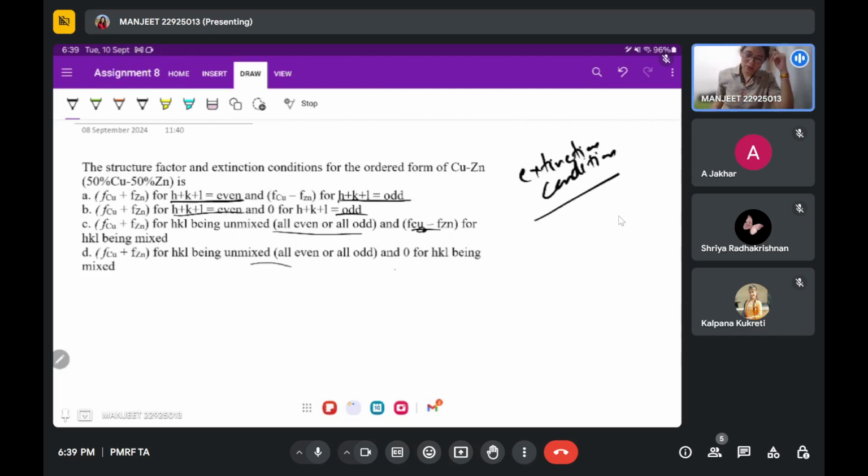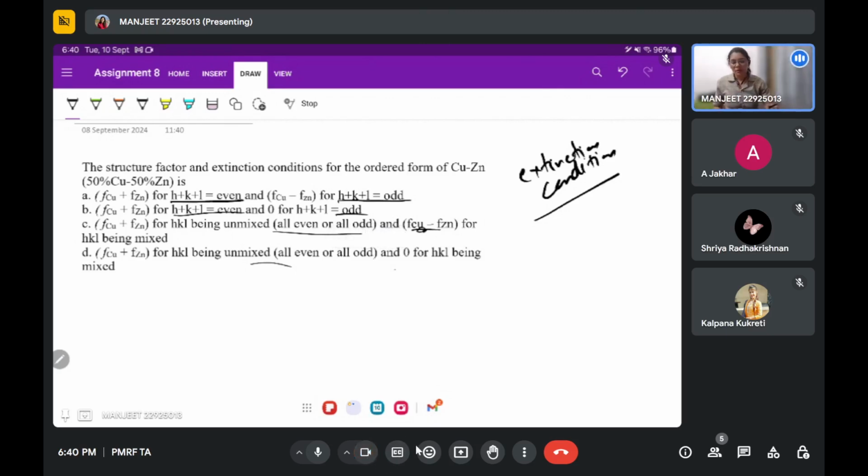So for this alloy, of the ordered form, what will be the extinction condition? We have the copper and zinc alloy, in which 50% is copper and 50% is zinc. Which one of the following is the correct condition for this?